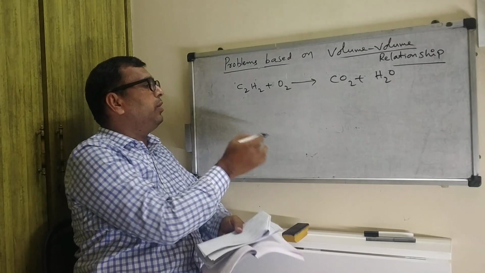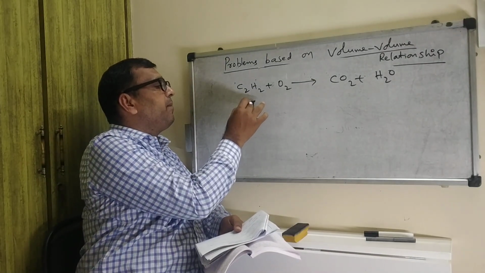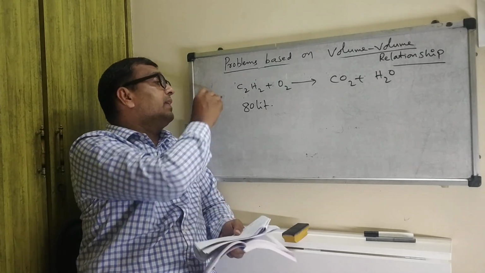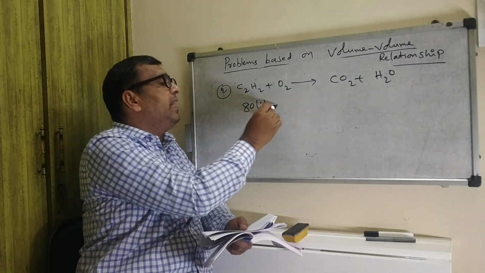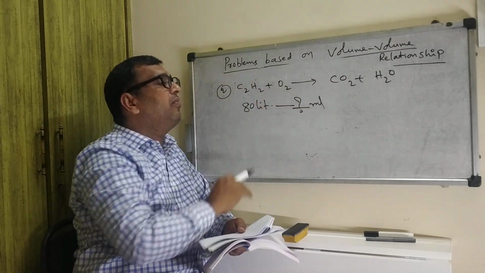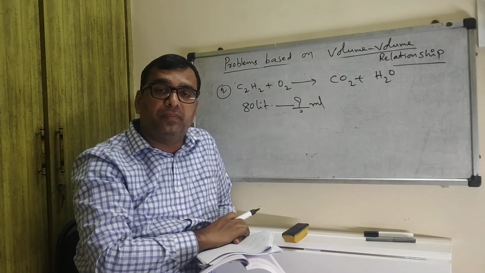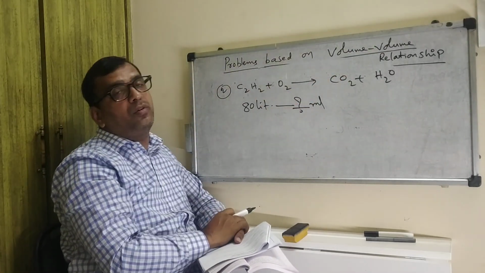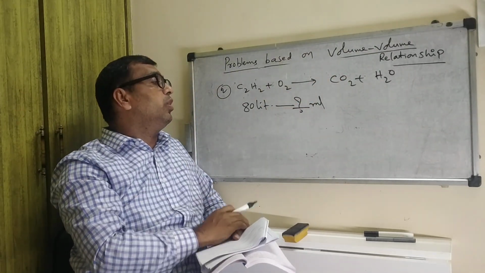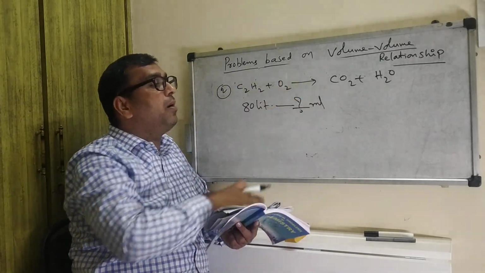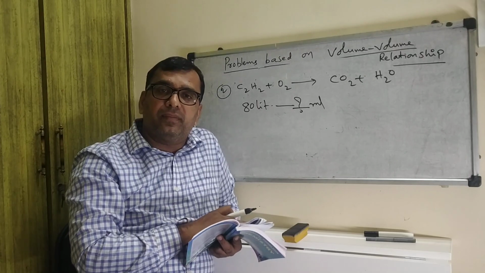Suppose 80 liters of acetylene gas requires how much oxygen to form carbon dioxide and water?